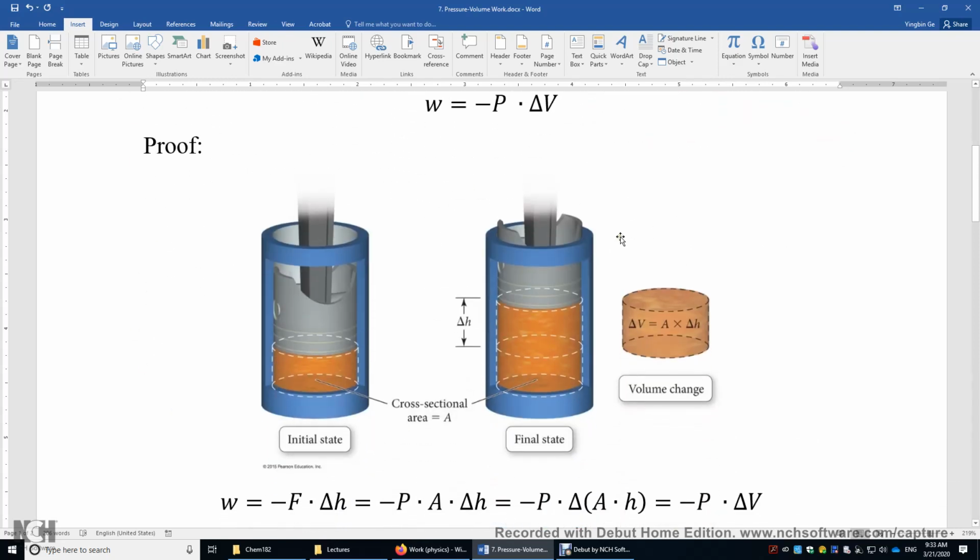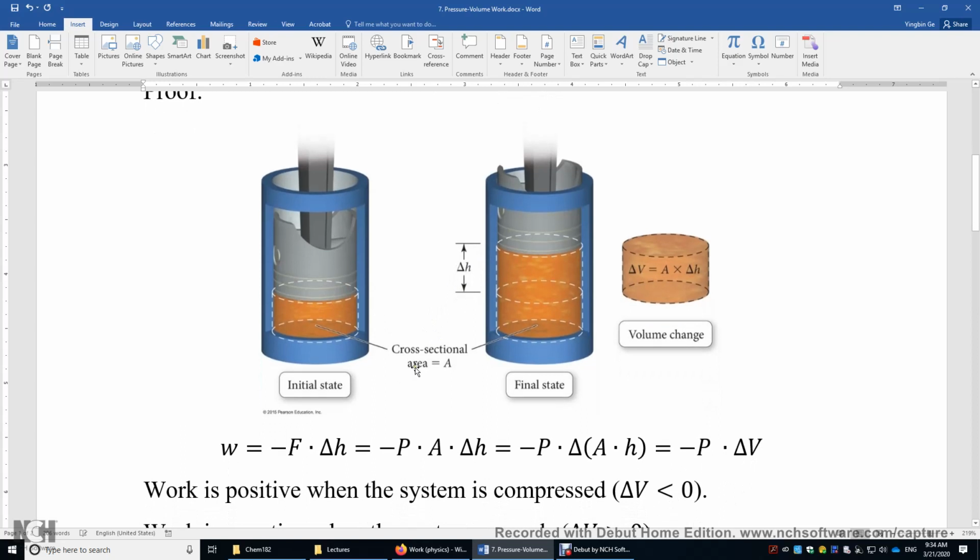Let's look at this diagram. This is a gas contained in this chamber. It's about to expand against a piston, and the piston is going to travel by this distance, delta H. So we have an initial state here, we have a final state here, and you can tell the volume increases in this process.